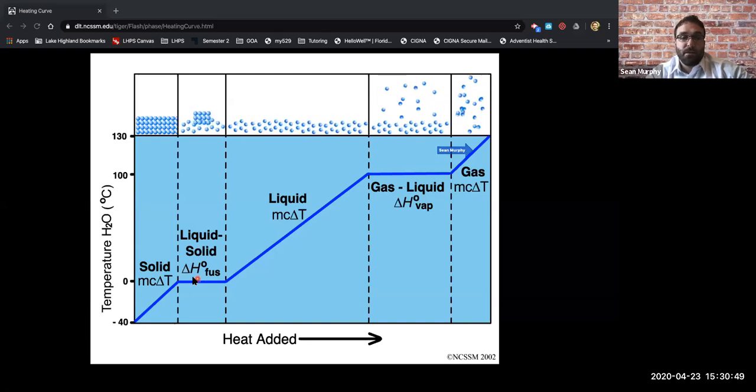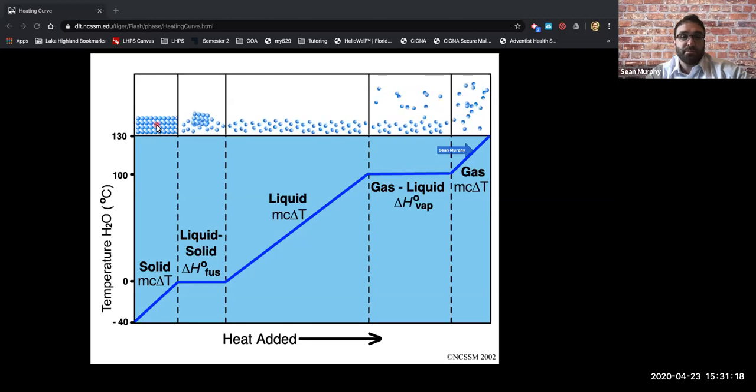It needs additional energy to make it through this plateau, and we call this transition period melting or freezing, depending on which way you go. As we go from left to right, since heat is being added to this solid water, it is melting. But if we went from right to left, it would be freezing.